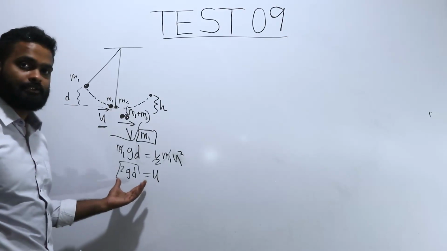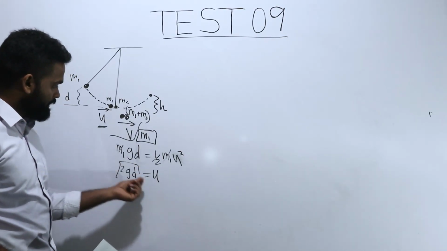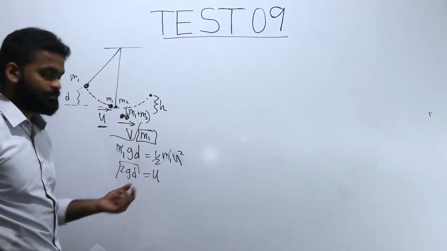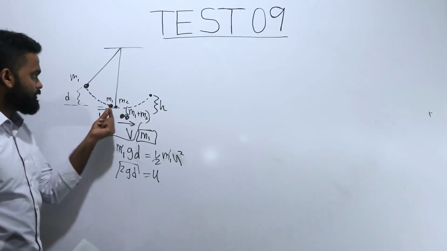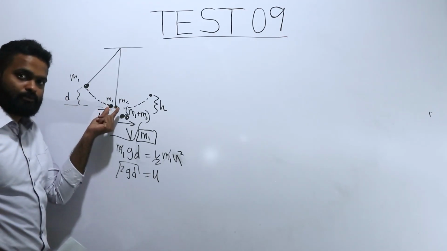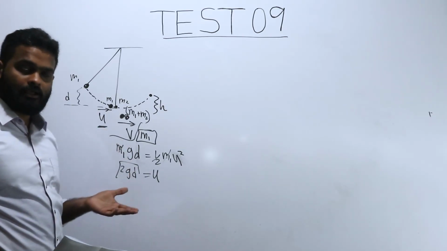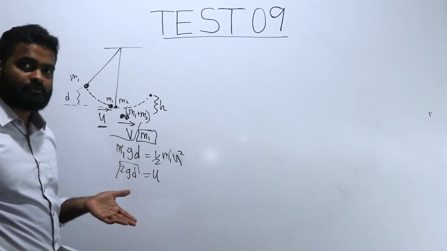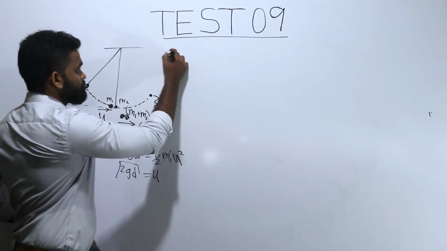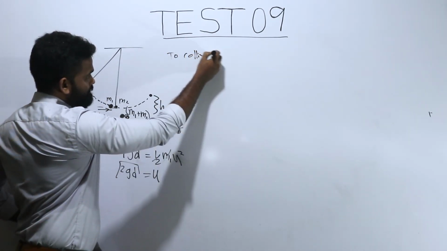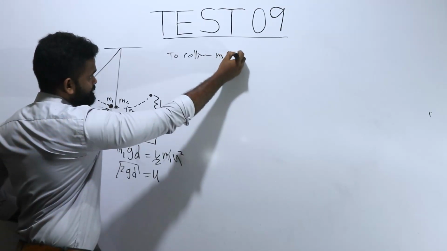So now we got an expression for u. Then we have to think about the collision between m1 and m2. To analyze the collision, I have to apply momentum conservation.